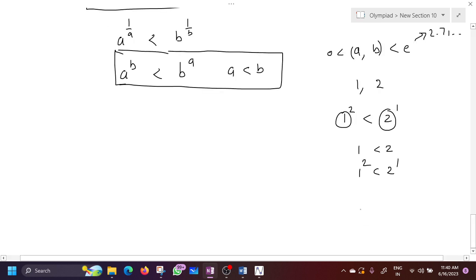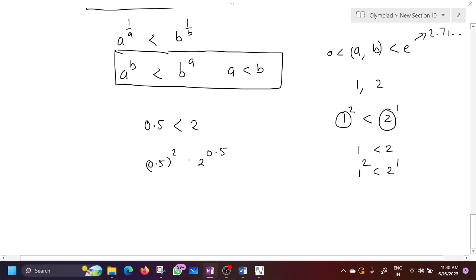We can take another example. Let us take two values. Let's take 0.5 and let's take 2. Okay, so we know that 2 is greater than 0.5. So what about 2 to the power 0.5 and what about 0.5 to the power 2?